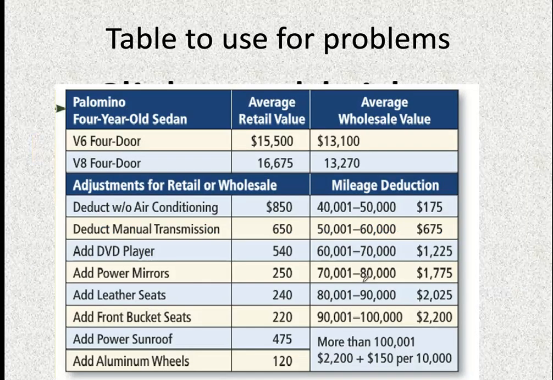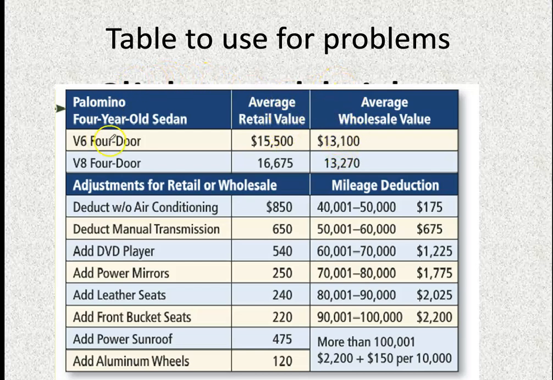Now, to find all those numbers, you're going to be using this table. So you need to take a minute and learn how to read this table. For all the problems, you'll be either a V6 or a V8, okay? Here's the average retail and wholesale, okay?